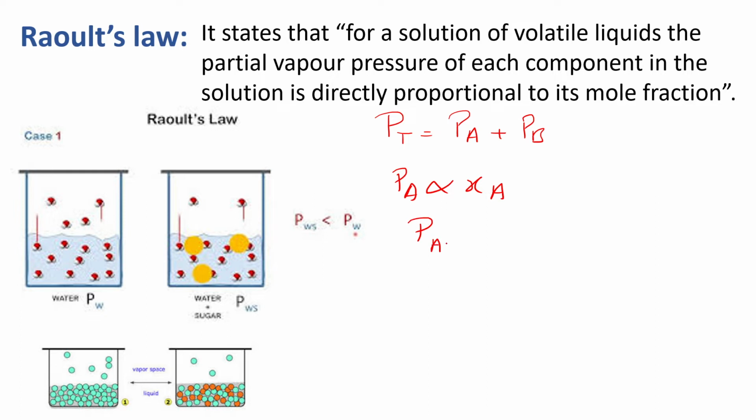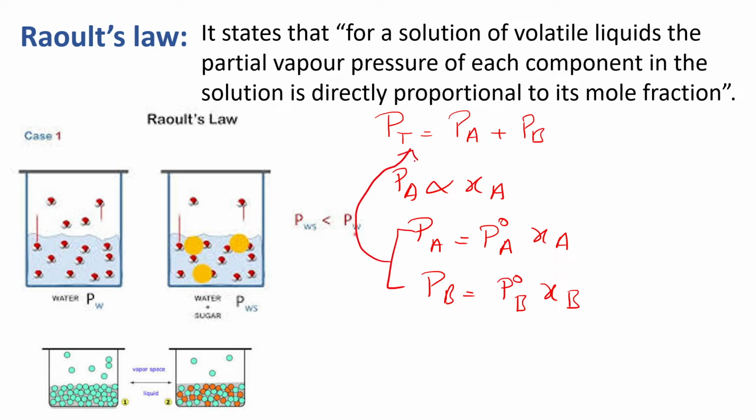When we remove the proportionality sign, we write P naught A into XA. Similarly, for the partial pressure of B, we write P naught B into XB. If we combine these two for the total pressure of the solution, we write P naught A into XA plus P naught B into XB.